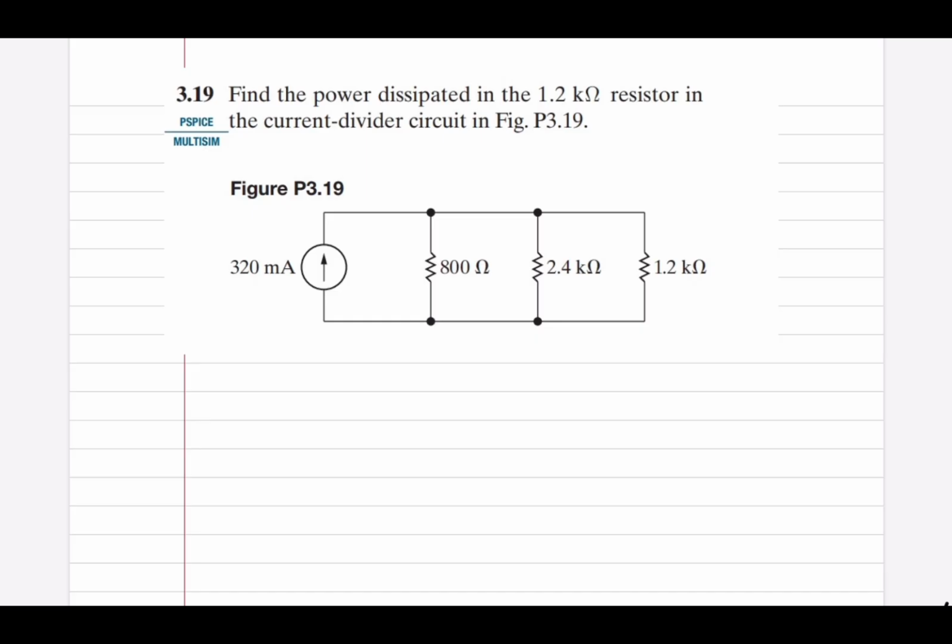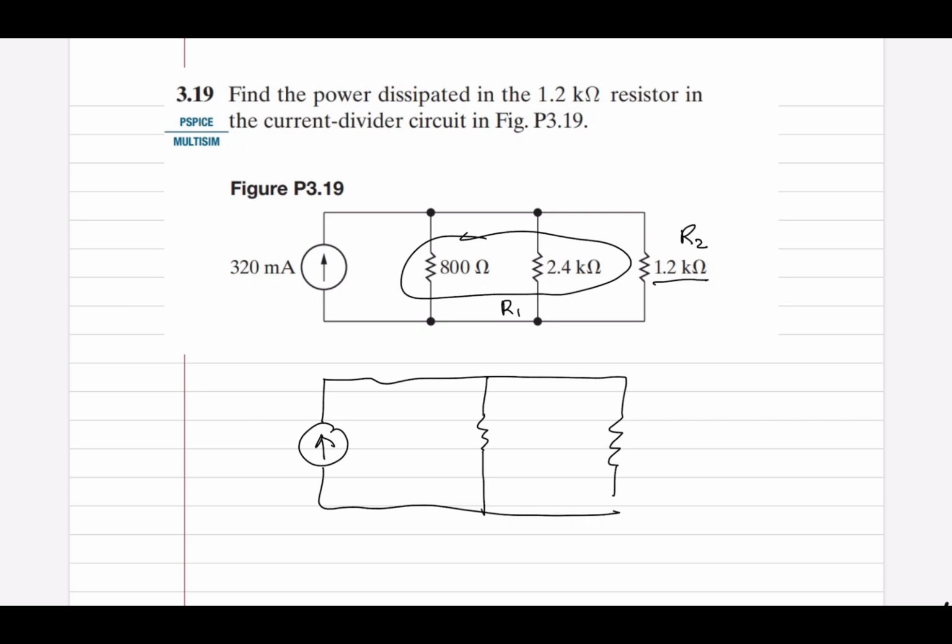This problem, or any current divider problem, can be solved by simplifying a circuit with multiple resistors into two resistors. So we can combine these two resistors into R1, and this will become our R2. Let me draw it out. The simplified resistor will be the combination of 0.8 kilo ohms plus 2.4 kilo ohms, to the power of -1, because it's in parallel, that's why we take the reciprocal.